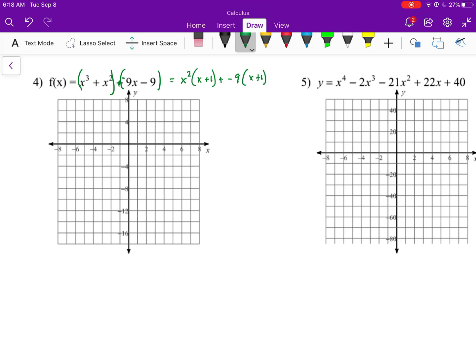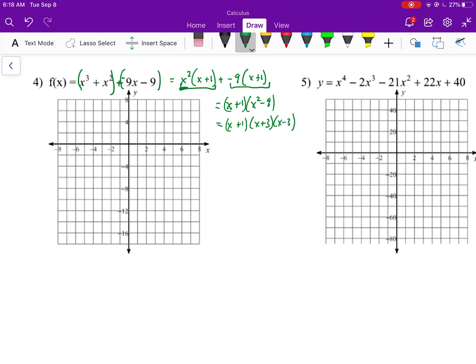And then we have two terms here, and in those two terms, we have an x plus 1 in common. So just like we factor out the x squared at the beginning, we're going to factor out the x plus 1, and we have x squared minus 9. And we can finish this off. X squared minus 9 is a difference of squares, so this factors to x plus 3 times x minus 3.